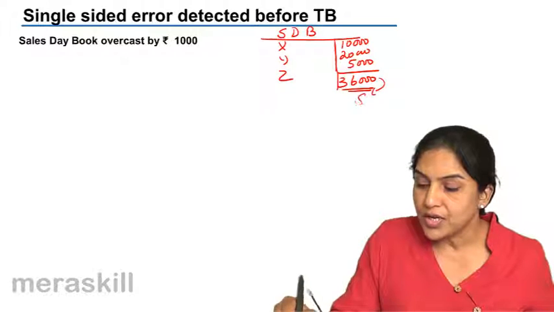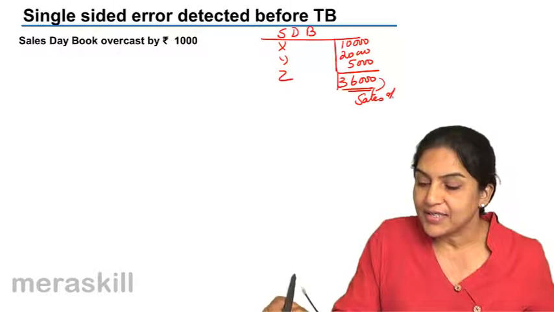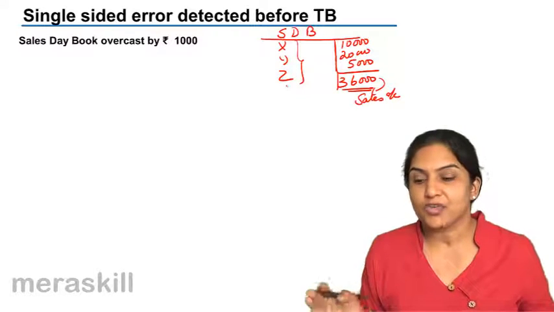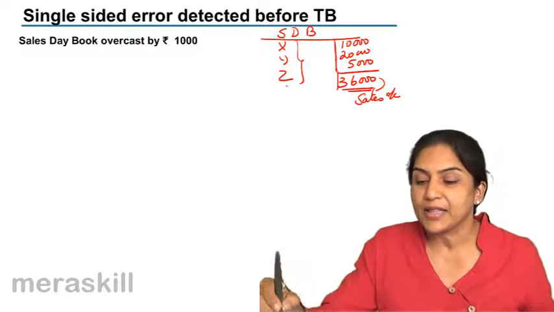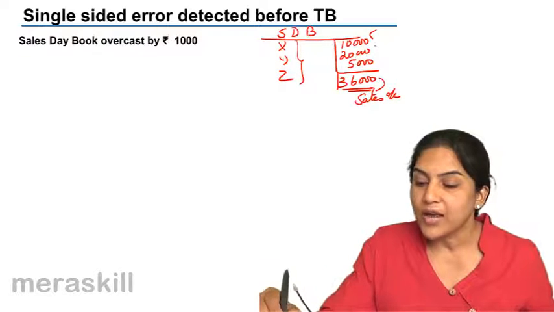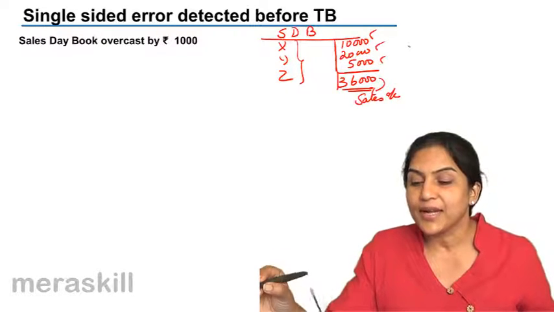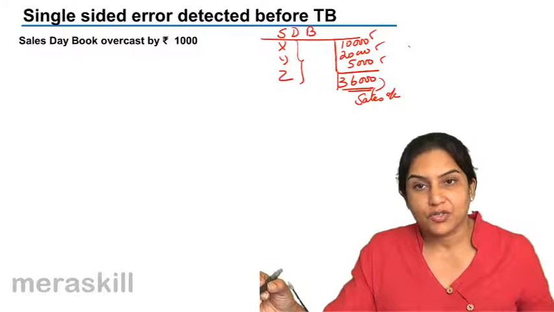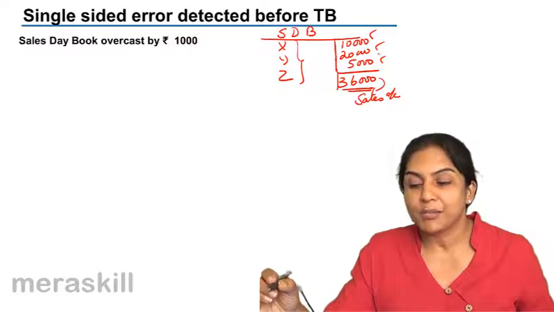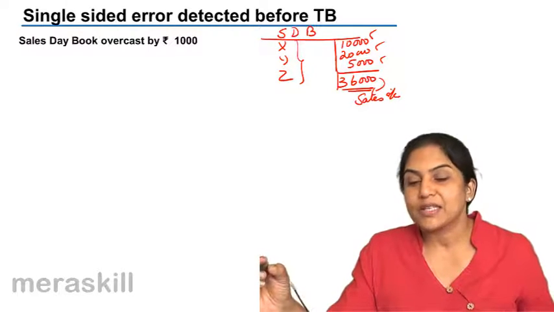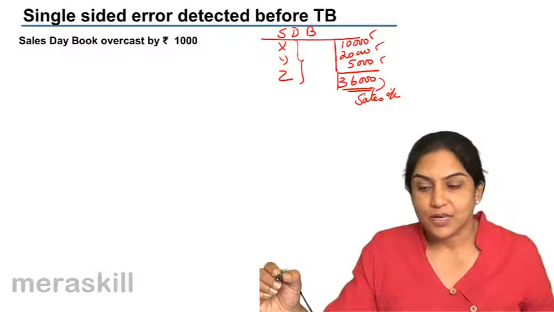This goes to the sales account on the credit side, and this goes to each and every debtor's account. So X account will get debited by 10,000, Y's account will get debited by 20,000 and Z's account will get debited by 5,000. So the total debits would actually be 35,000, but the credit to sales account would be 36,000.